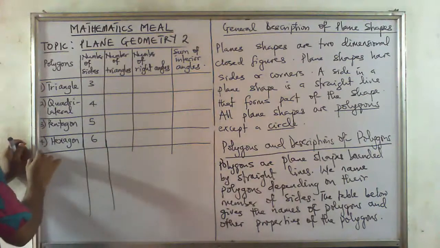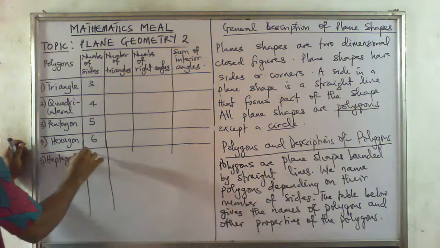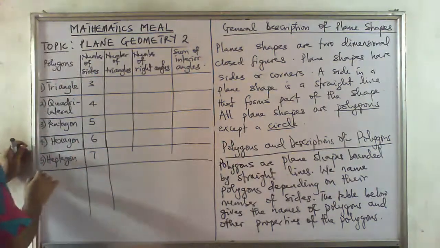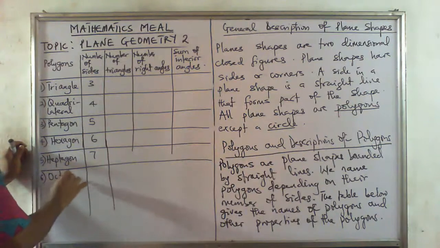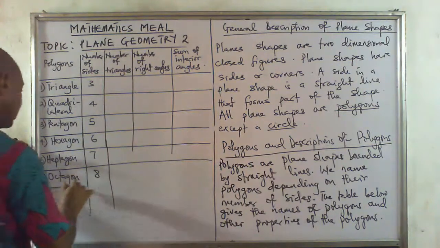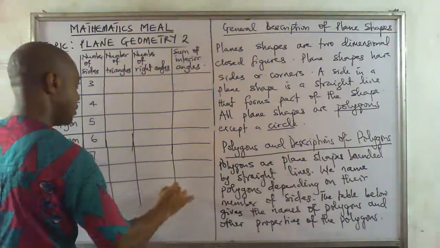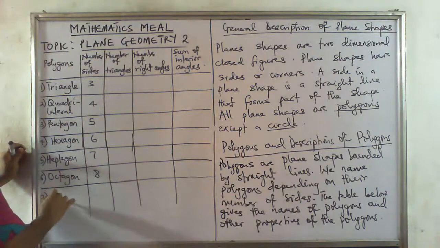we call a heptagon. A heptagon has 7 sides. We have another one we call octagon. Octagon has 8 sides. We have another one we call nonagon.